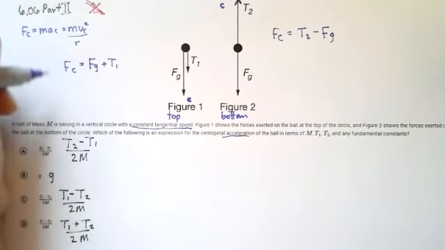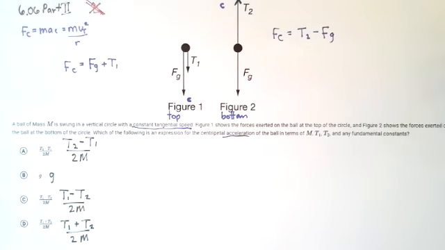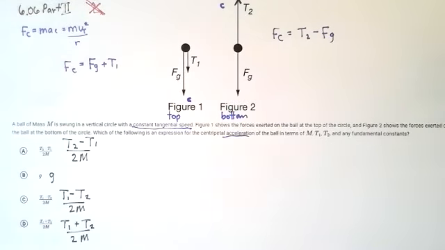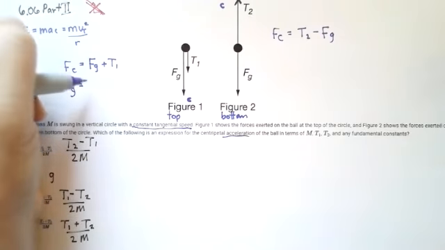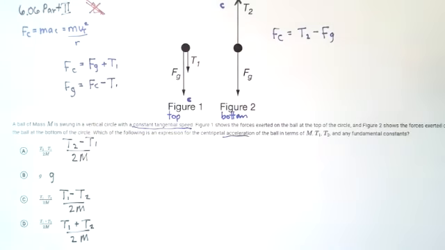Okay, now we can kind of go to work. We know that this is equal to mass. Let's put this in terms of gravity. So now we're going to do a system of equations. Now that we have our initial equations set up and our free body diagrams, we're going to start doing substitution. So here I'm going to say that the force due to gravity is equal to mass times centripetal acceleration minus T1.